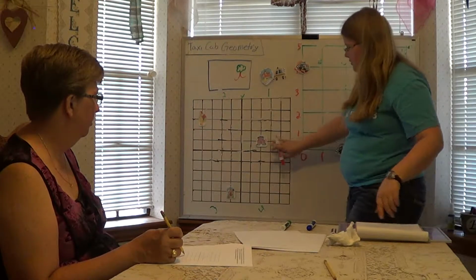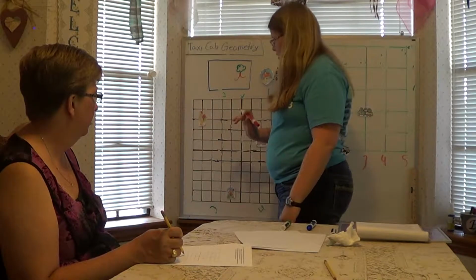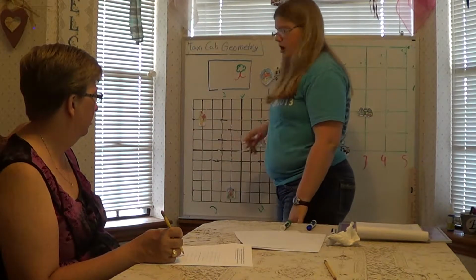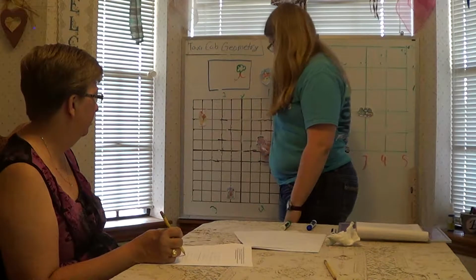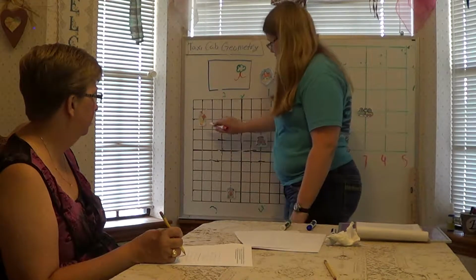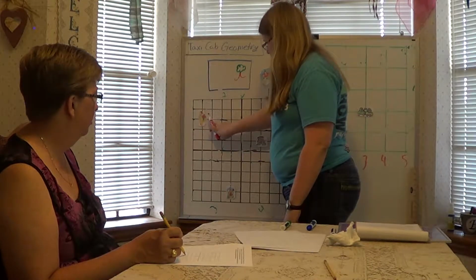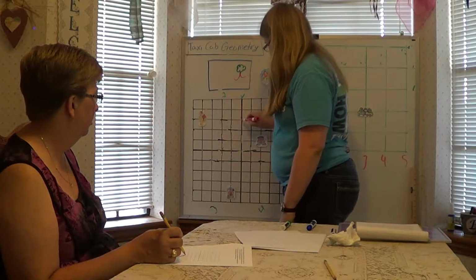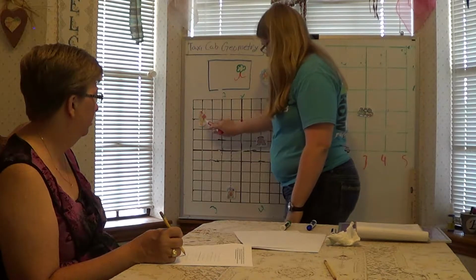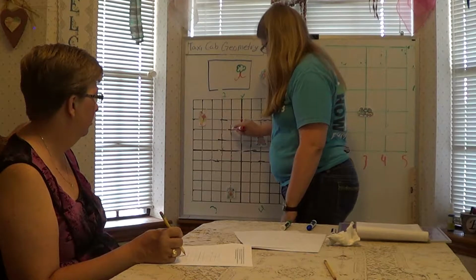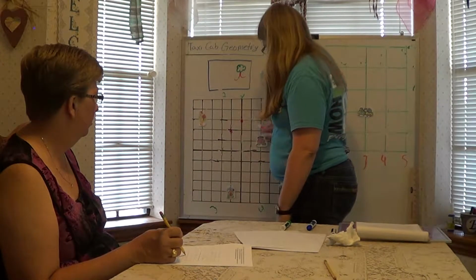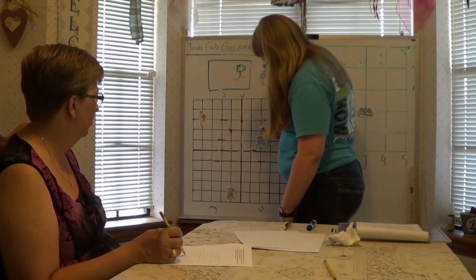So, let's count, starting with Fillmore, for all the places within 4 blocks of Fillmore, between it and Grant, okay? So, starting here, 1, 2, 3, 4. 1, 2, 3, 4. And is that 4? Let's check it. 1, 2, 3, 4.